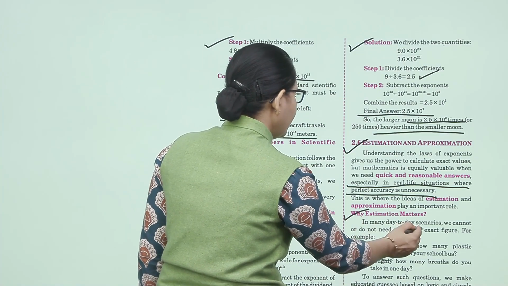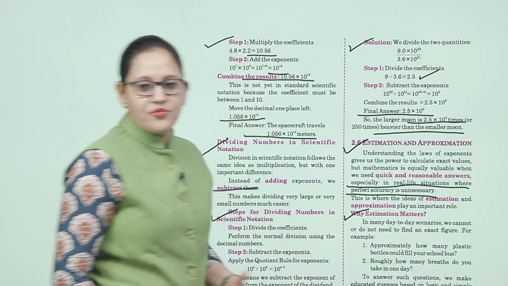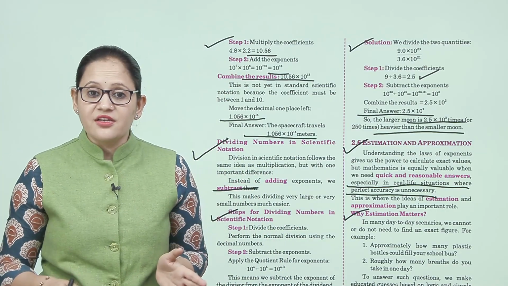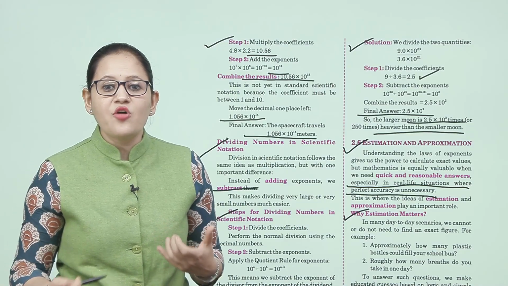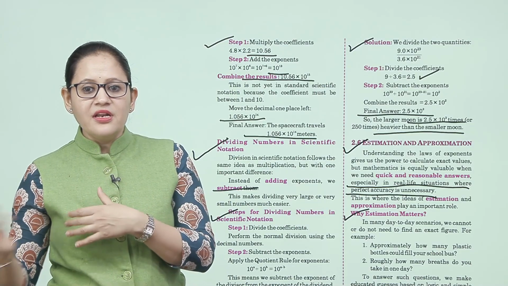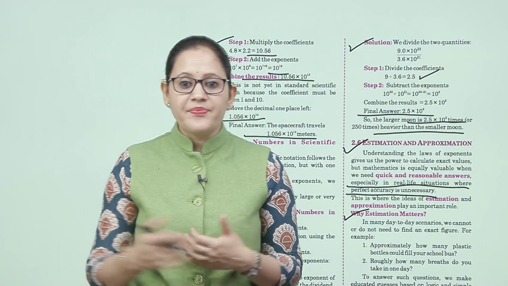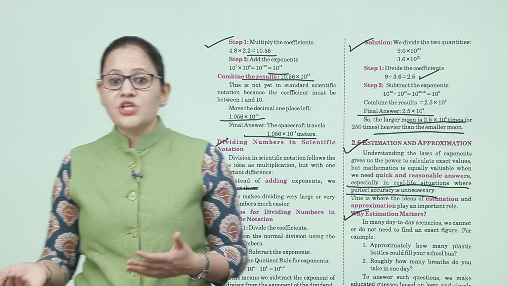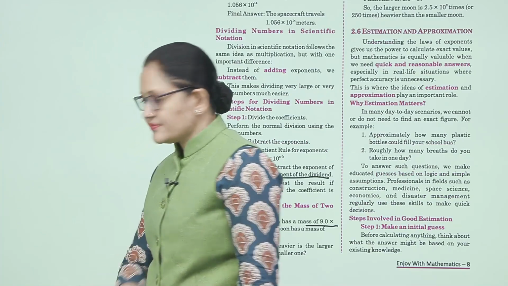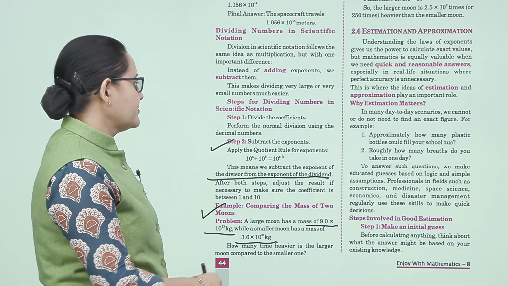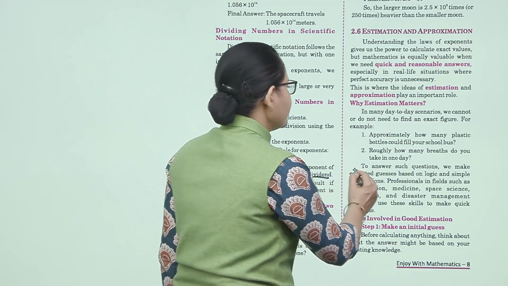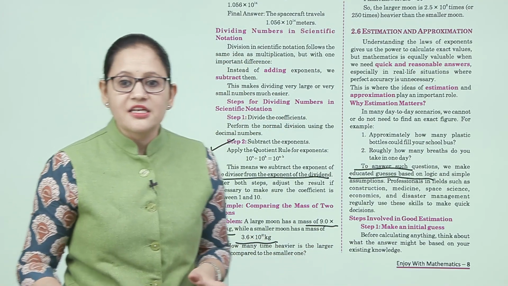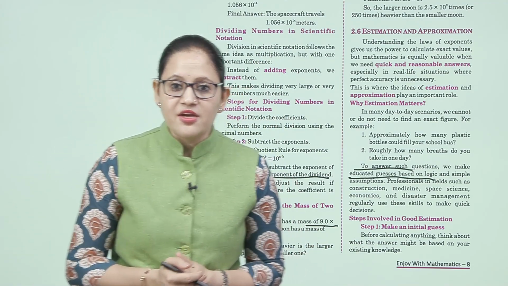In many day-to-day scenarios, we cannot or do not need to find the exact figure. For example, approximately how many plastic bottles could fit in your school bus? Roughly how many breaths do you take in one day? To answer such questions, we make educated guesses based on logic and simple assumptions.